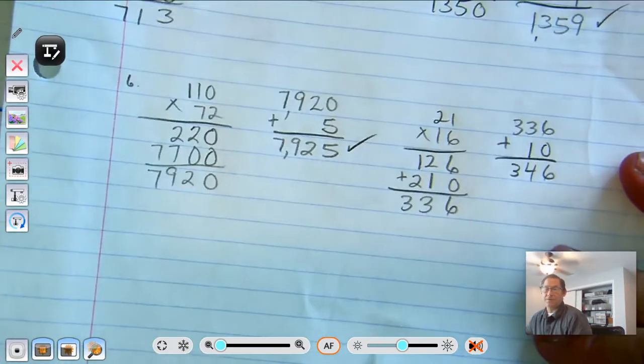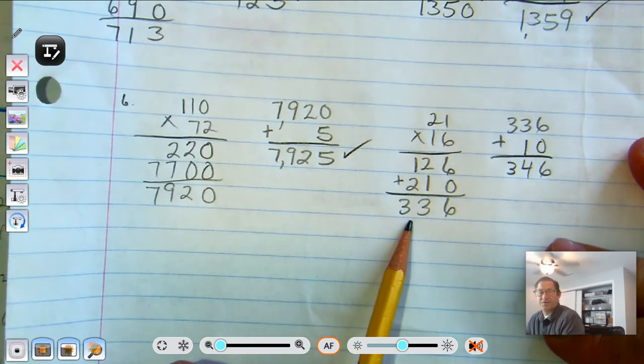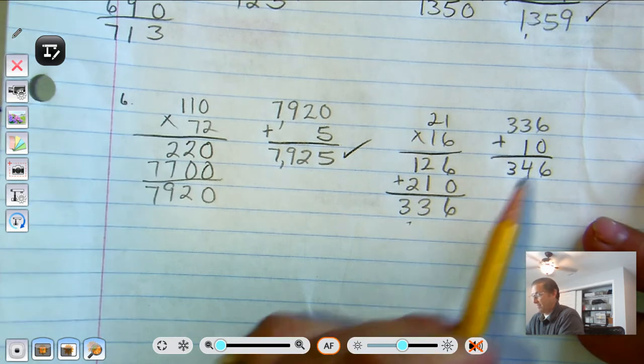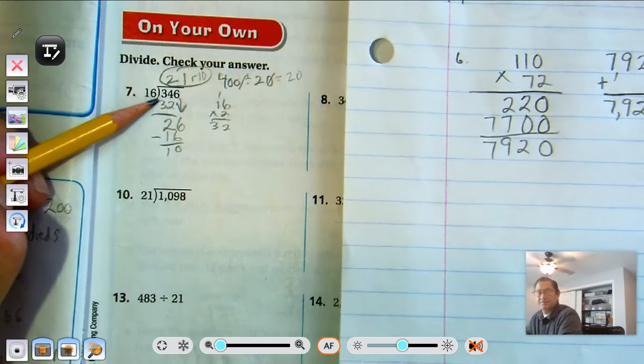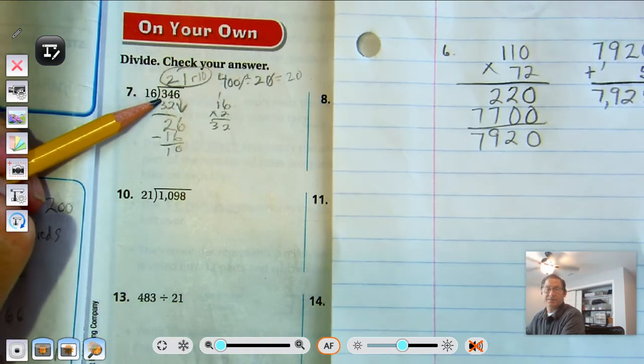Okay. So we see that 21 times 16 gives me 336. If I add the remainder of 10, I get 346, which matches the dividend, 346.